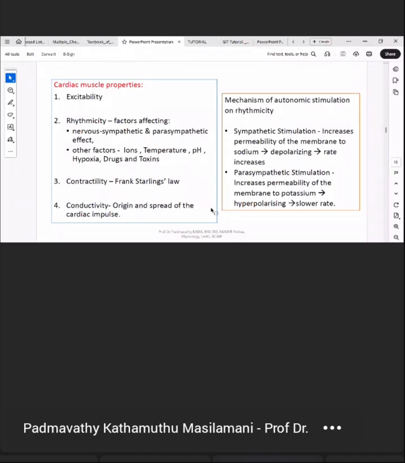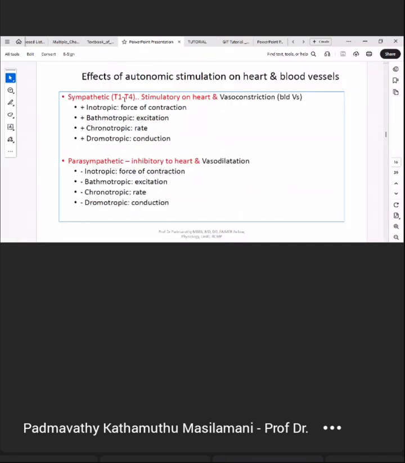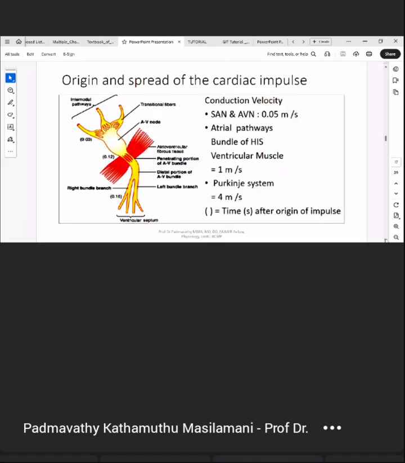Apart from that, the rhythmicity is determined by other factors like temperature, pH, hypoxia, and digitalis-like drugs will decrease the rhythmicity. So these are the four major effects of stimulation and inhibition by sympathetic and parasympathetic respectively.